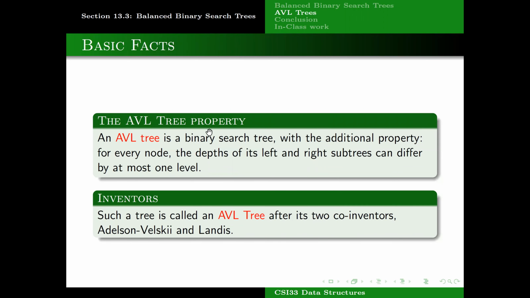So here we restate our AVL tree property, the abbreviation of the first letters of the last names. Here we state that for every node, the depths of its left and right subtrees can differ by at most one level. So we call these trees AVL trees. What we do is grab the code for the binary search tree and change it.